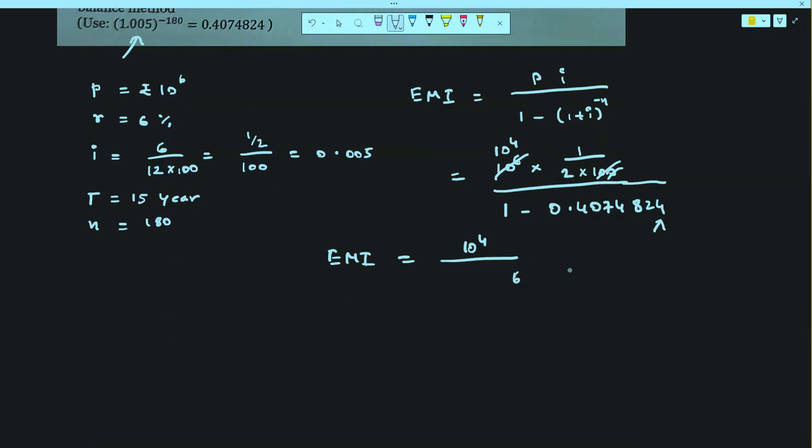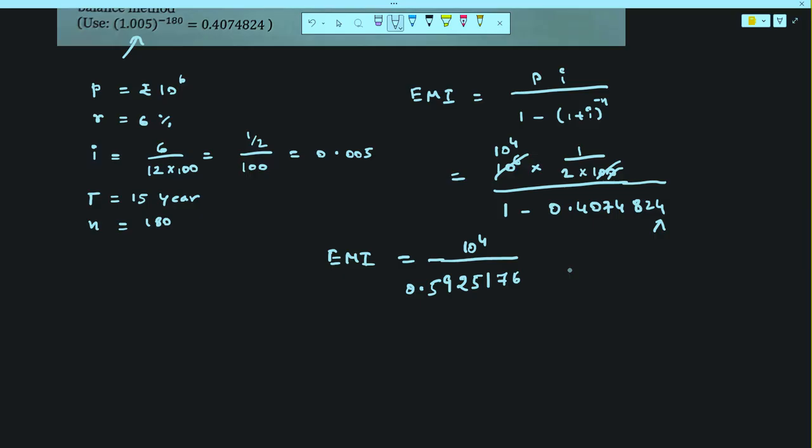Remaining all from 9: 9 minus 2 is 7, 9 minus 8 is 1, 9 minus 4 is 5, 9 minus 7 is 2, 9 minus 0 is 9, 9 minus 4 is 5. So 0 point, this is the answer. This is the value.